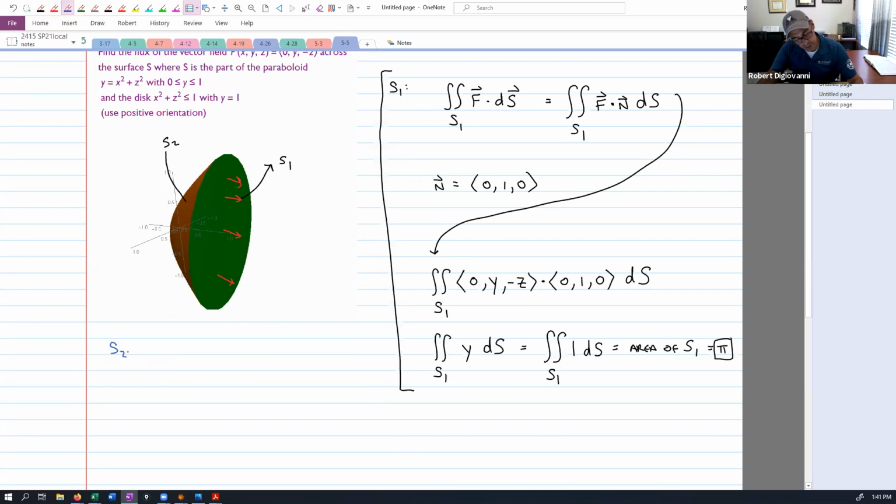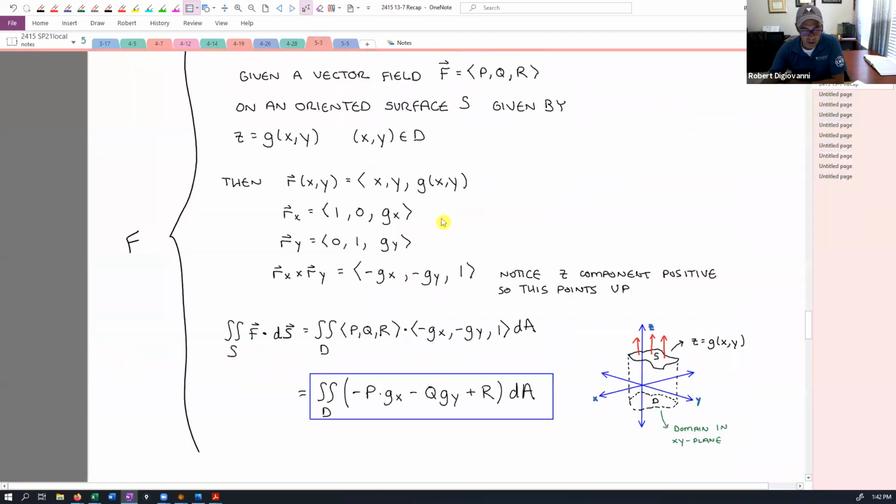Now S2, when we look at S2, look at the normal vectors coming out of this here. Do you all agree that y is some function of x and z?